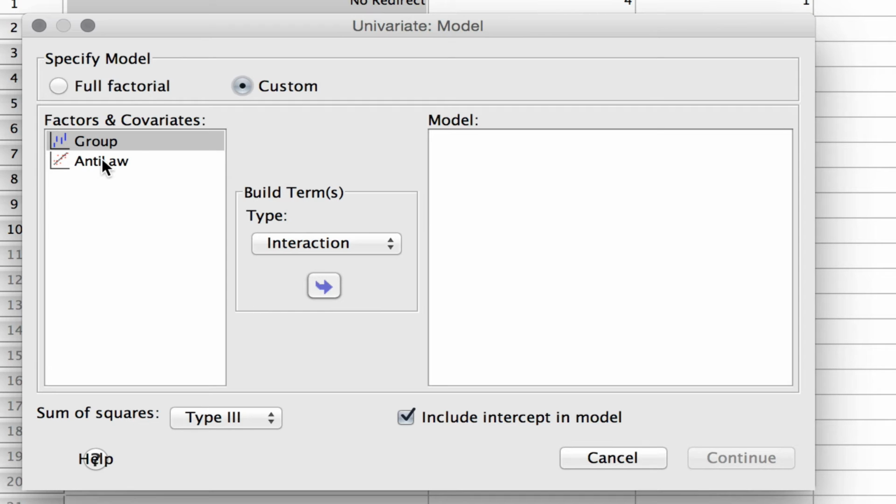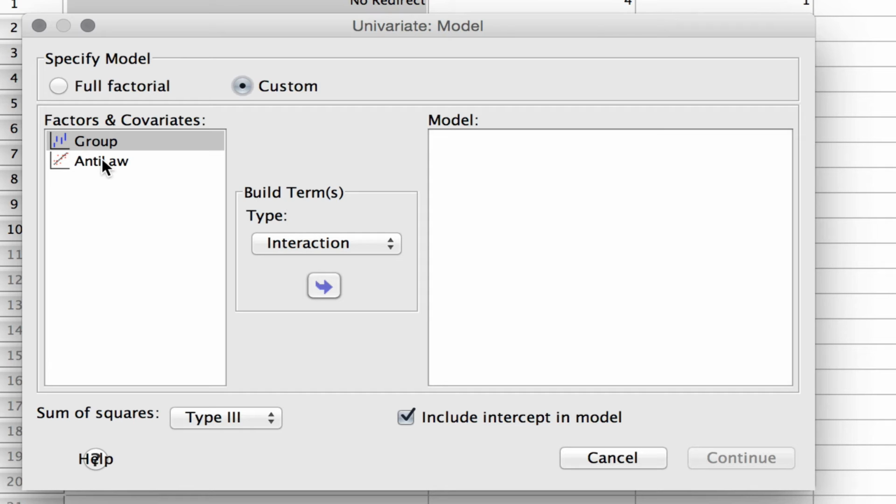What we want is the interaction between our covariate and our group variable to see whether that's significant or not. Now we could just add in the interaction by itself, but we don't want to do that, because if we don't add in our covariate and our group variable, then obviously some of the variance that's explained by the covariate in the outcome would be explained by the interaction.